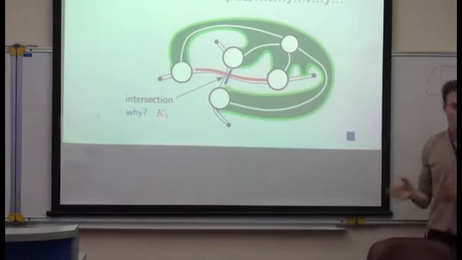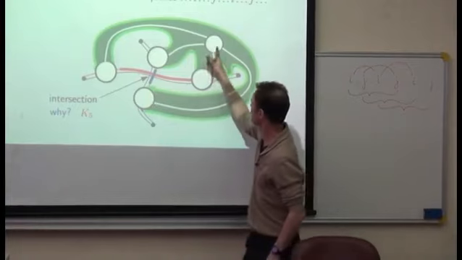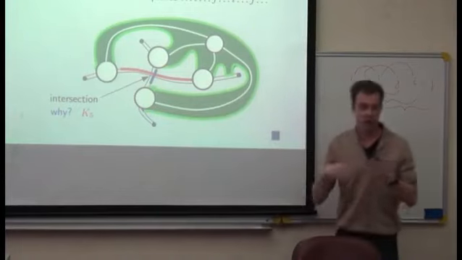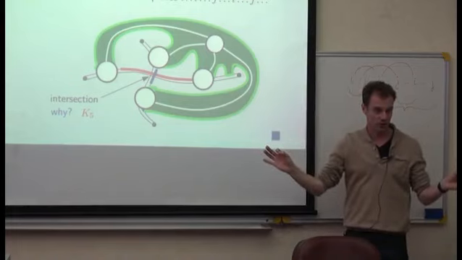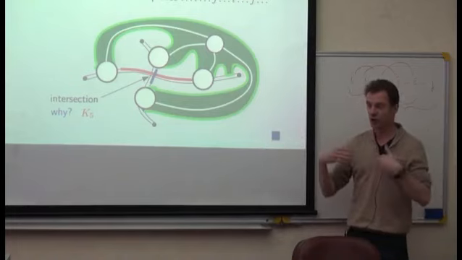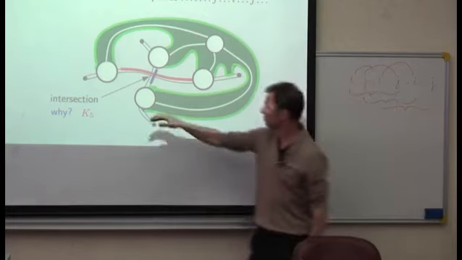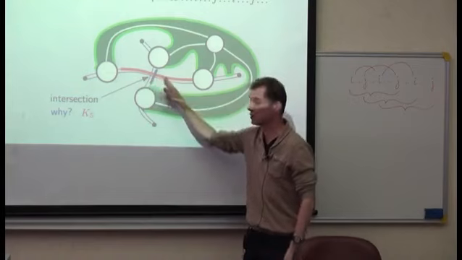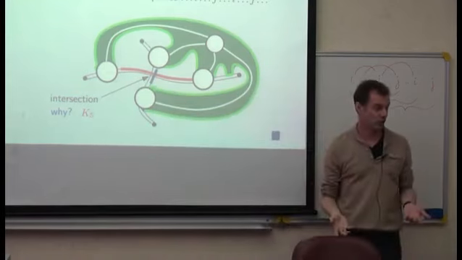So now I have a K5, right? 5 nodes. Between every pair of nodes, I've drawn an edge. I've argued that there can be no intersections except maybe between these two. But it's a K5, so there must be an intersection.